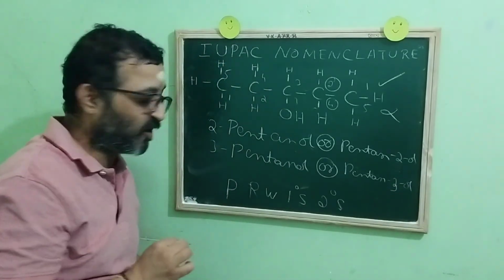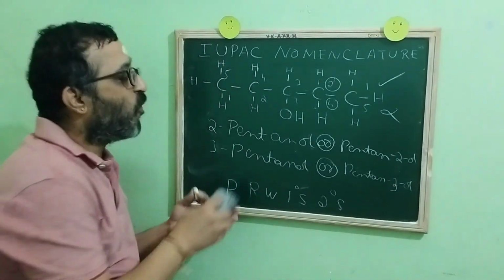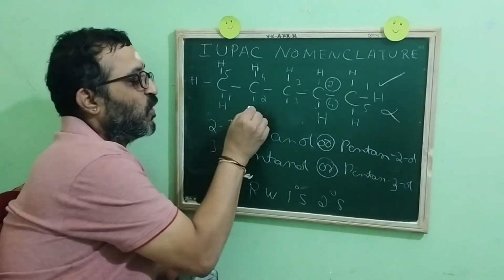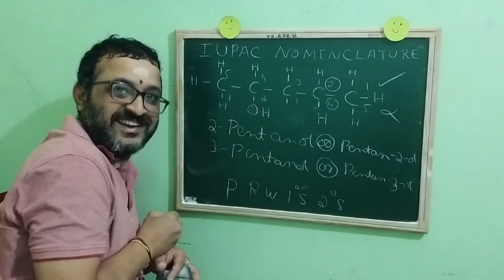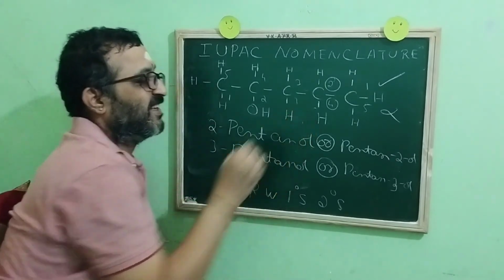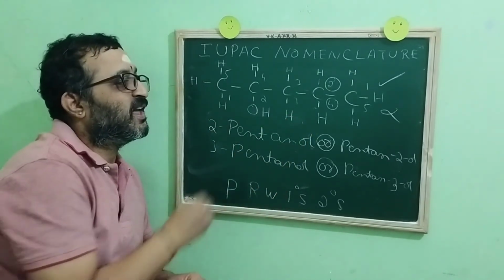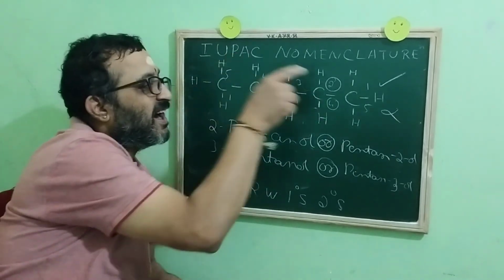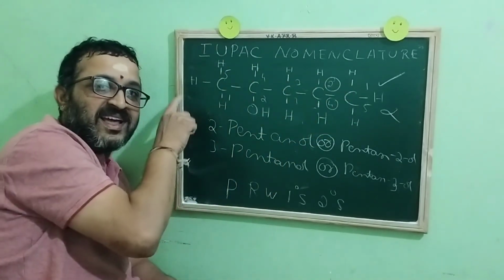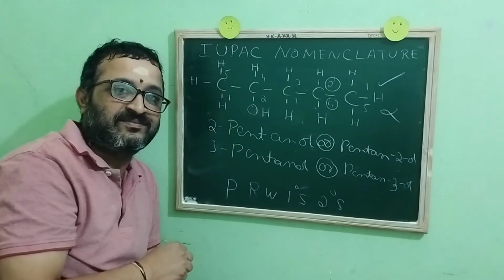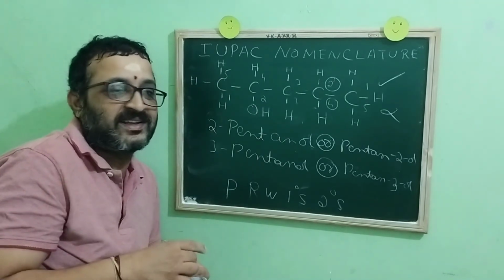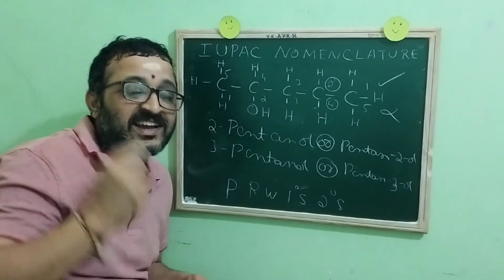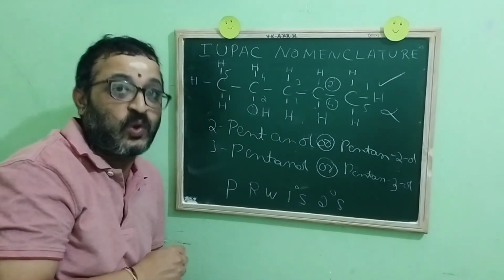Children, I have one small question again. What if OH is attached here, right? Then you please tell me which numbering will be correct. Right to left or left to right? Right, obviously we know that the carbon to which functional group is attached, that carbon has to be assigned the lowest number.